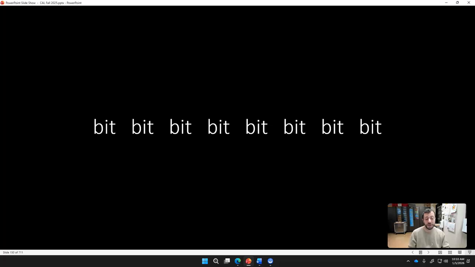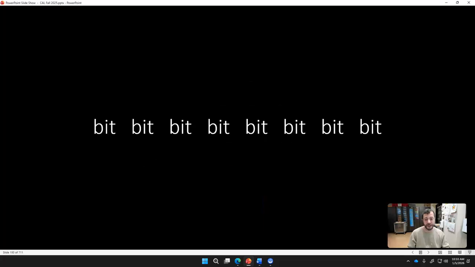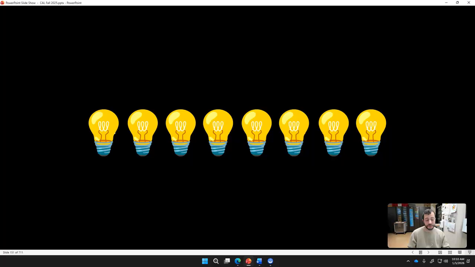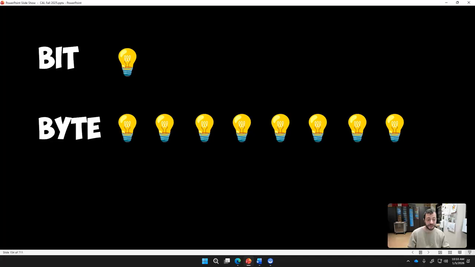And typically, we don't use 4 binary digits because 16 is not that many things we can represent, but we typically use 8 binary digits, which is represented in our example with these light bulbs. So 8 bits is called a byte. A byte is 8 binary digits, and a bit, a binary digit, is just one of those digits.